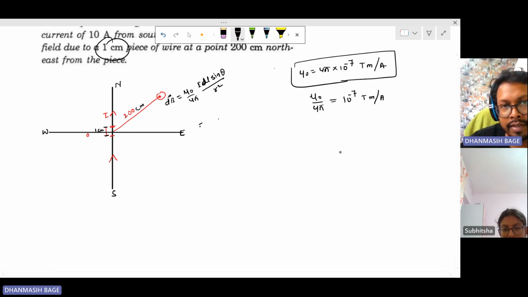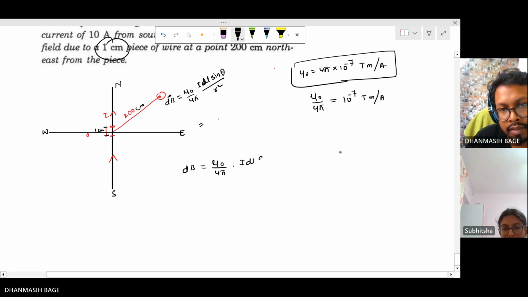So here in this case, just put the values. dB is equal to mu naught by 4 pi I dl sine 45 degree by r square. It is northeast direction, so that is 45 degree. This is 10 to the power minus 7.